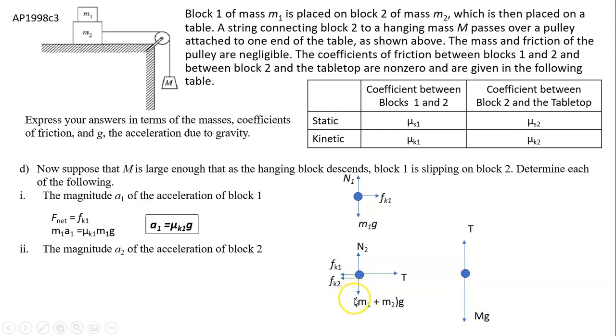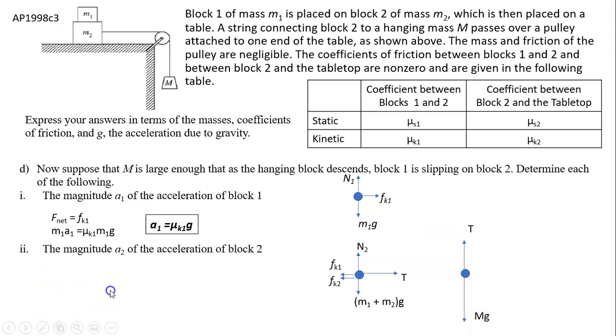There's gravity on M2, plus M1 also has a pressing force on M2 downward. There's N2 from the table on M2 and a tension T on M2. This tension is the same tension as on big M. Then on big M, besides the tension, there's gravity on big M.